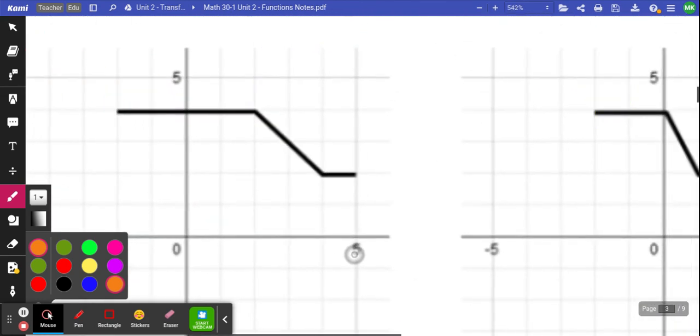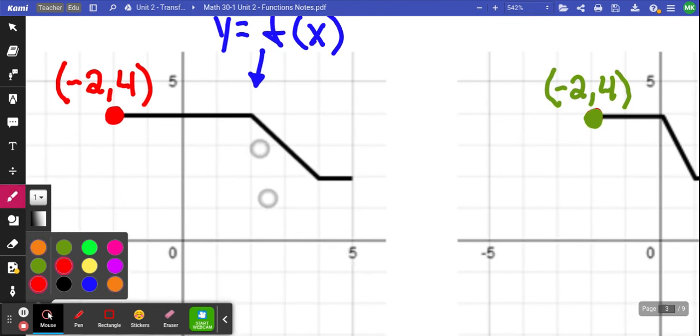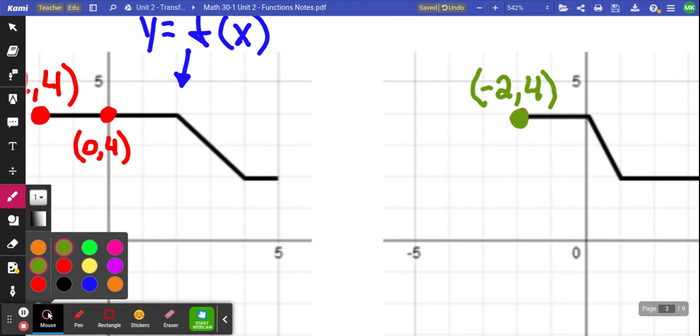So go find more points where these have the same x value. Like for instance, this point is at 0, comma 4. This point over here is at 0, comma 4. So I could subtract those 2 points by subtracting their y values.